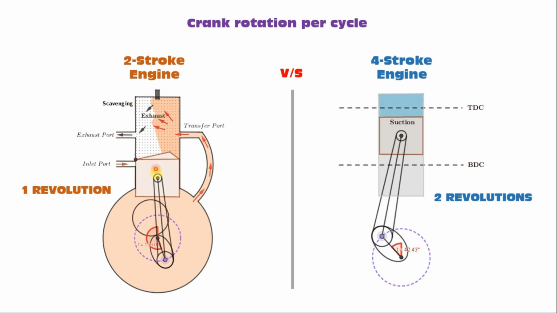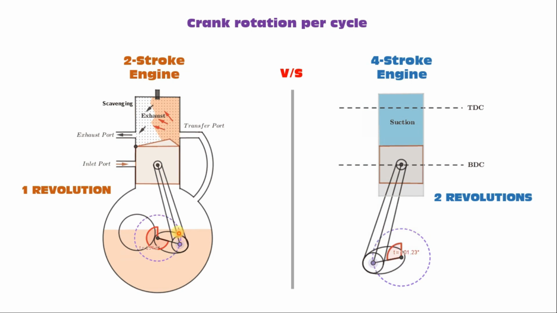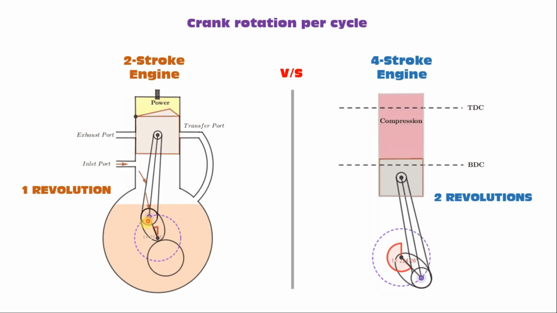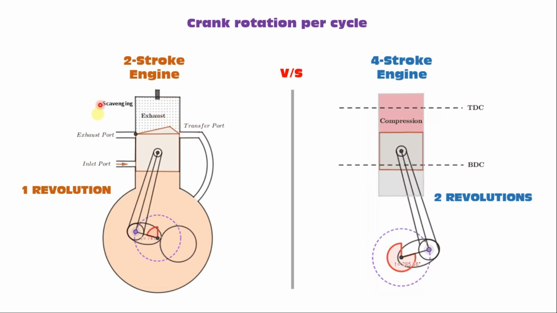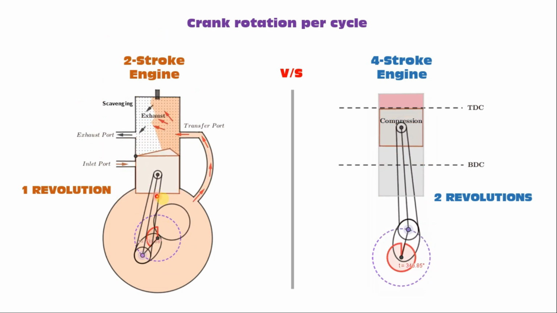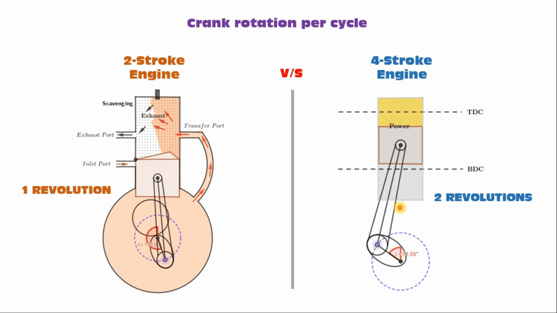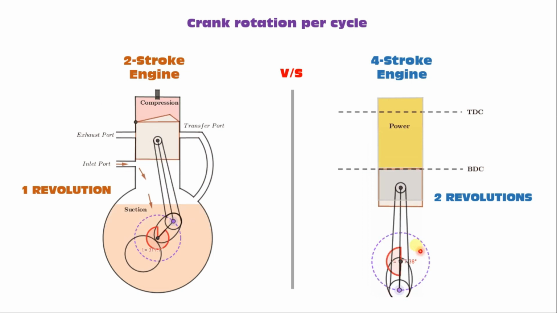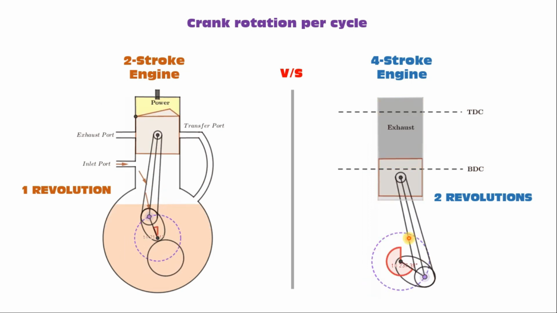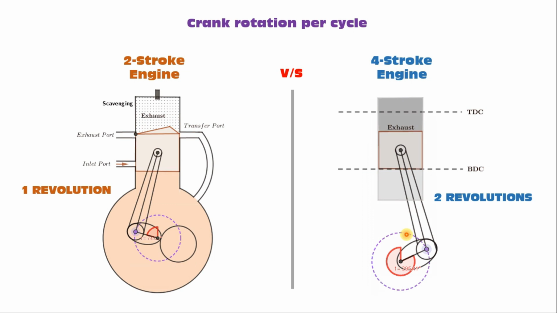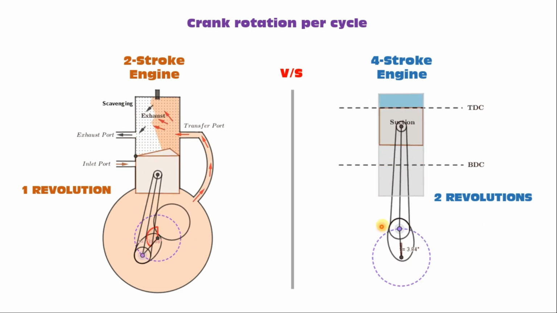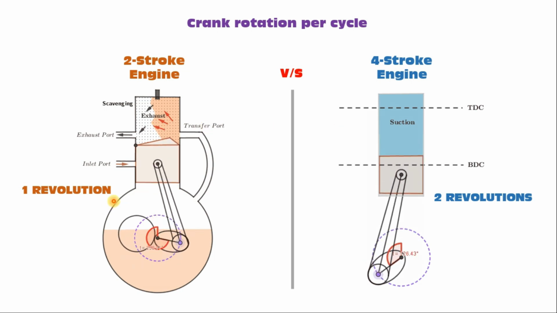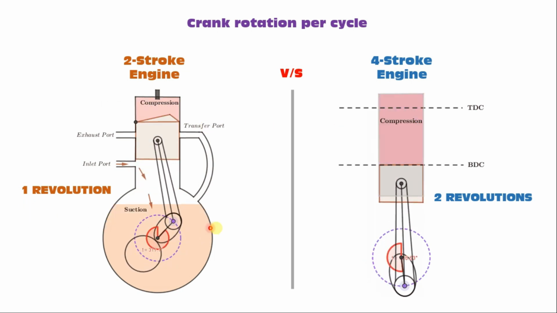During this movement, the crank revolves only one time, meaning in one revolution the cycle of a two-stroke engine gets completed, while in a four-stroke engine we require four movements of piston, so two revolutions of crankshaft. So in a four-stroke engine, two revolutions will be required to complete the cycle. In two-stroke, one revolution will be required.